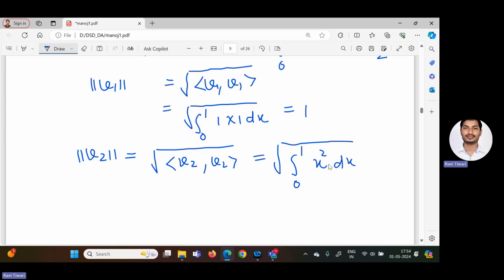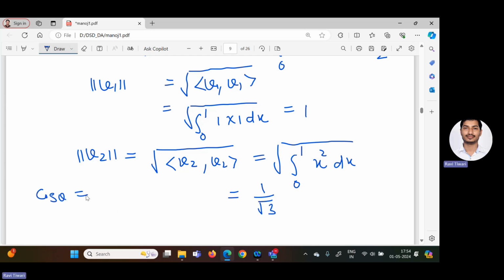Why do we get x square? Because the inner product of u and v is defined as the integral 0 to 1 of u into v. The integral of x square is x cube by 3. So finally you will get 1 by under root 3. So what will be cos theta?